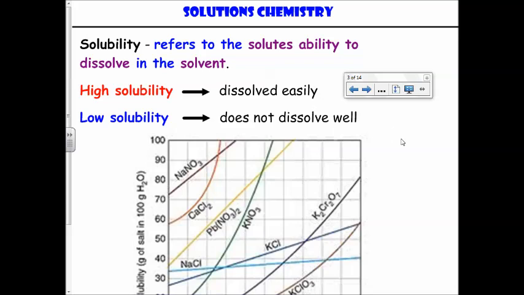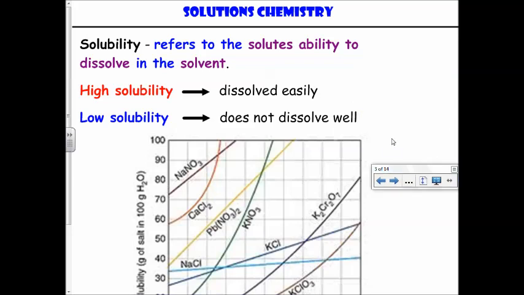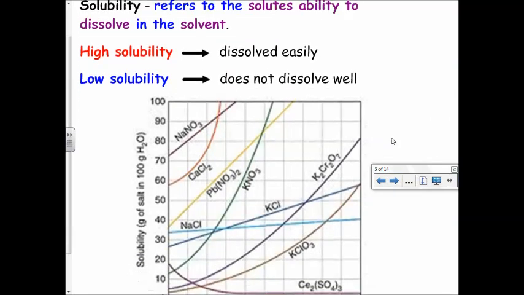So if something is said to have high solubility, it dissolves easily. We are able to easily dissolve it in water. Looking at this graph here, something with high solubility would be ones that have a lot dissolved in water. Along the left side, the y-axis, is solubility: how many grams of it are dissolved in 100 grams of water.